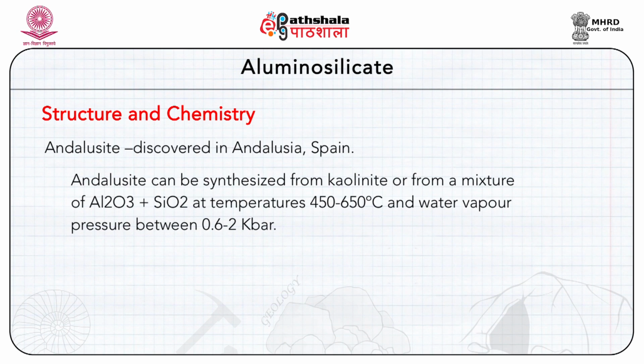Andalusite can be synthesized from kaolinite or from a mixture of Al2O3 and silica at a temperature of 450 degrees Celsius to 650 degrees Celsius and water vapor pressure between 0.6 to 2 kilobars.